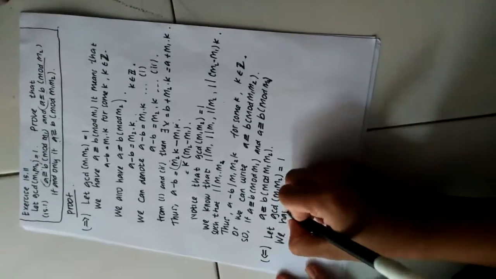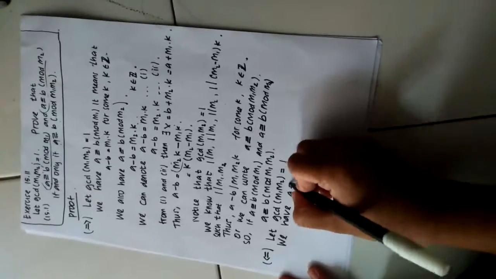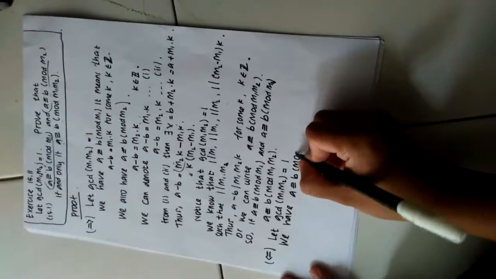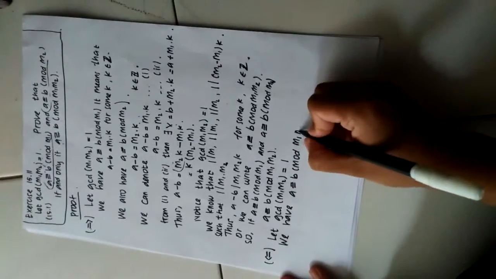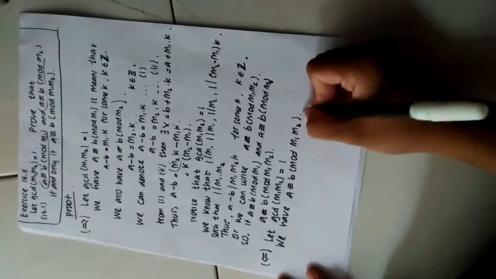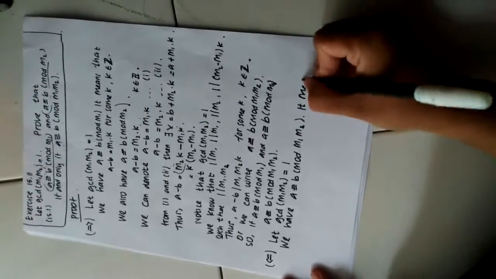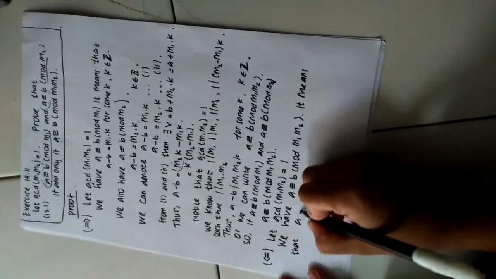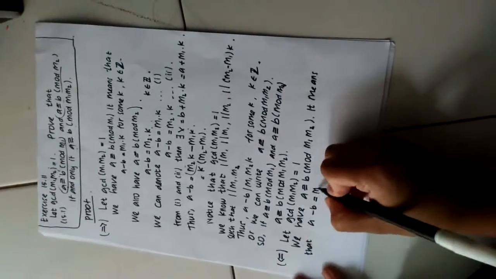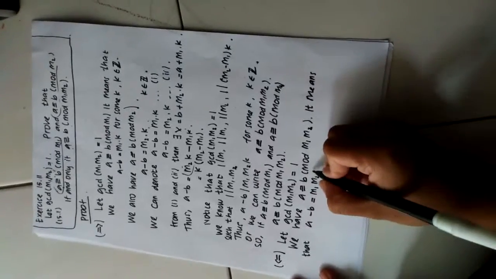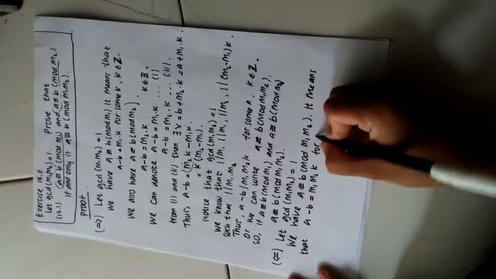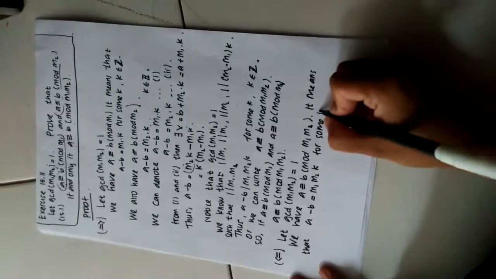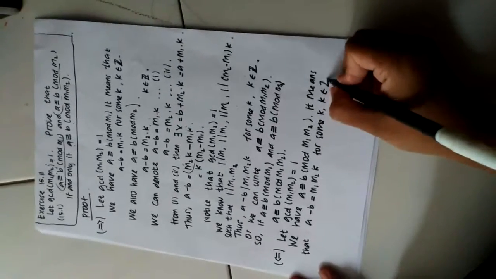We have a ≡ b mod m1m2. It means that a − b = m1 m2 times k for some k, and k in integers.